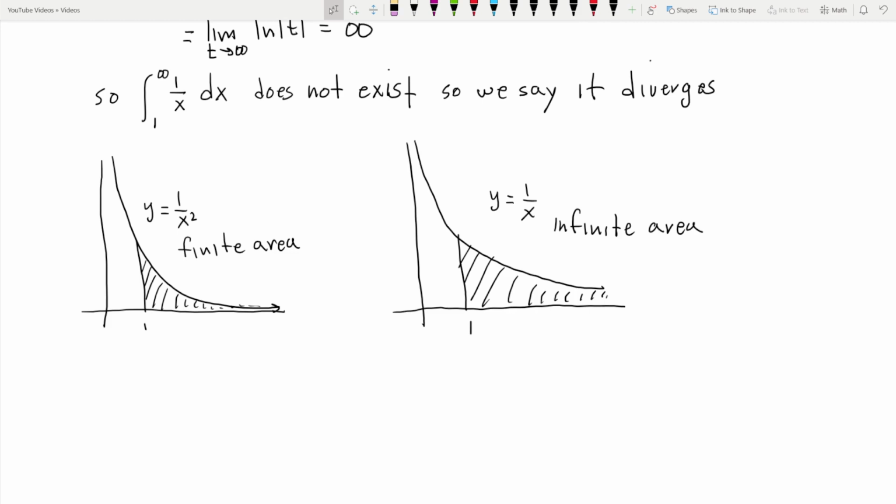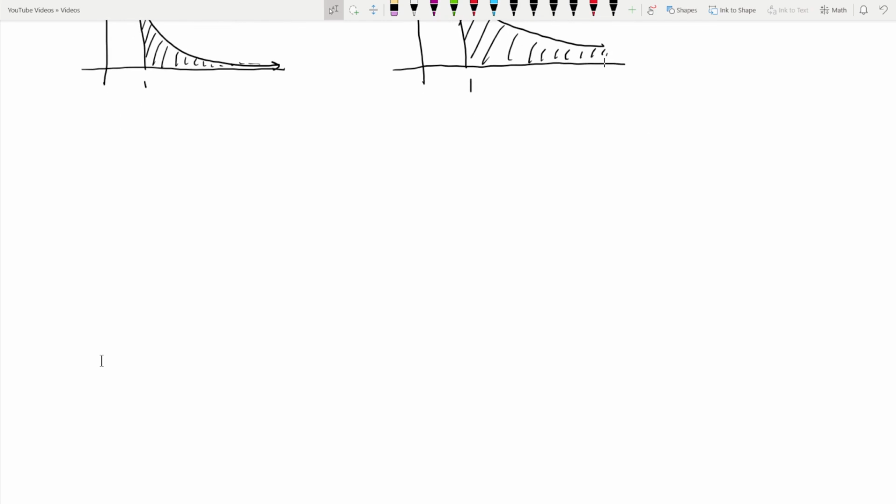All right, let's take a look at another example. All right, how about this? Let's do the antiderivative from negative infinity to 0 of x e to the x dx.